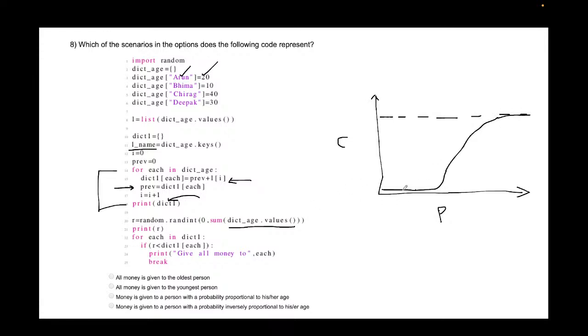So when you go through each person, if you take the area under this curve, let's say we go in alphabetical order, the cumulative age of Arun will be 20. So let's say that is somewhere here, 20.